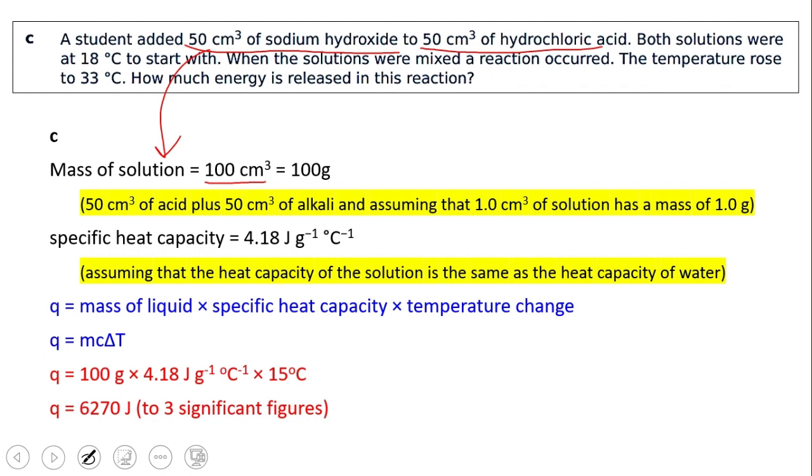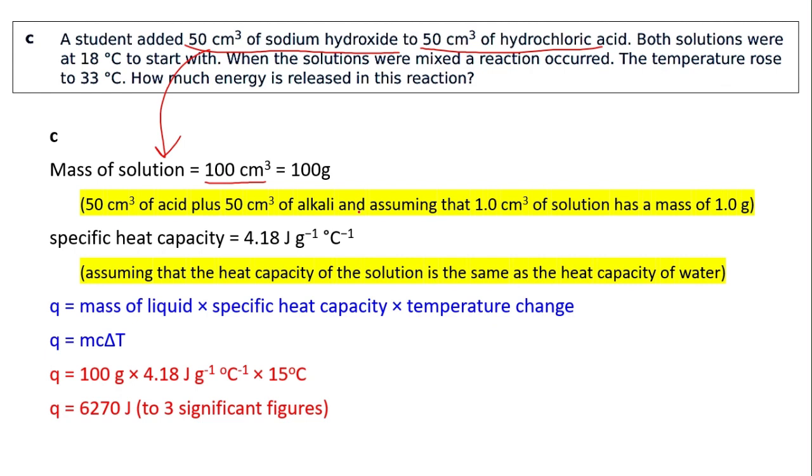What we are assuming here is that the 50 cm cube of the acid plus the 50 cm cube of the alkali will have the same mass just like the water. We are going to take them as the solution, and 100 cm cube we are taking equal to 100 gram just like the water.